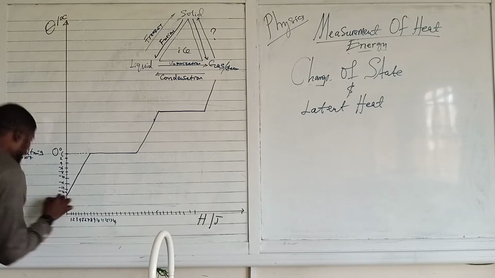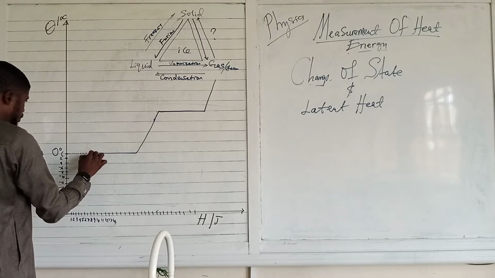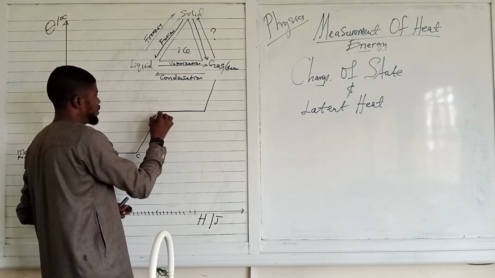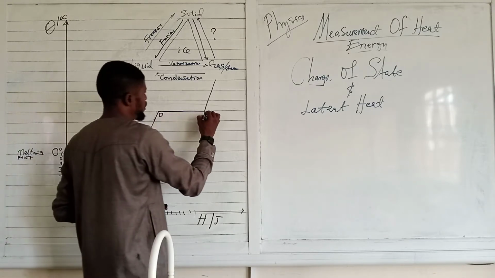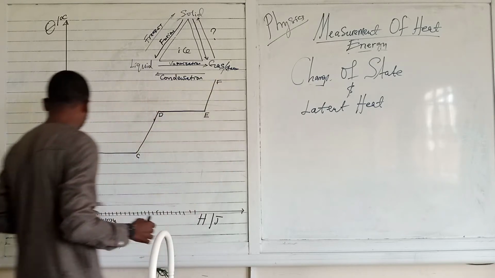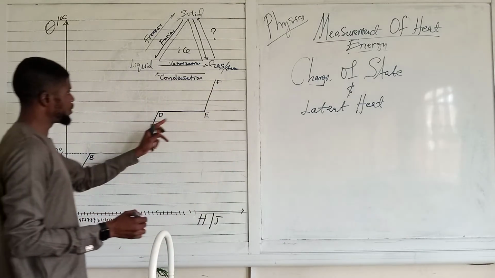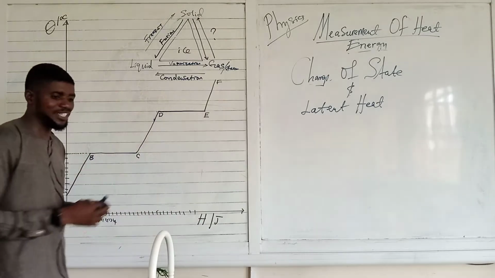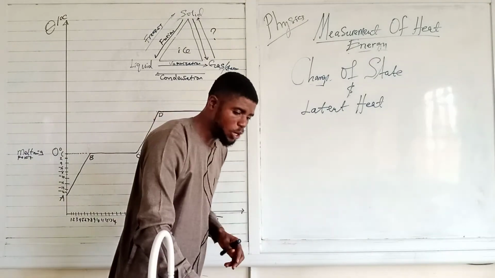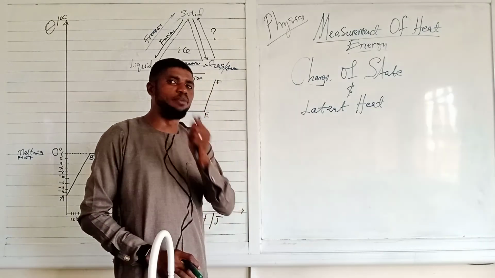This is point A. This is point B. This is point C. This is point D. This is point E. And this is point F. A, B, C, D, E, F. Please stay with me. I am about to explain something very, very important.